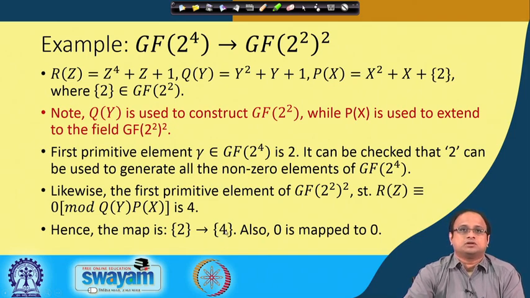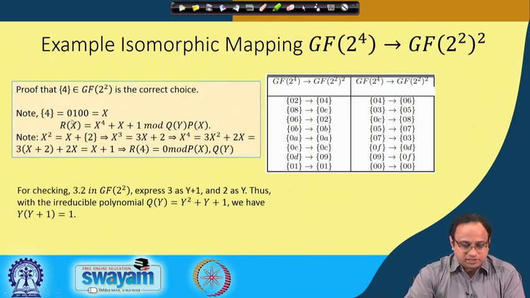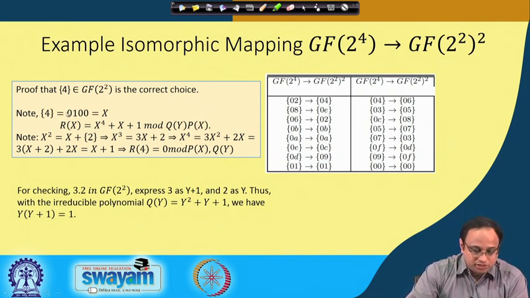Okay. So in more detail, this is the proof that 4 indeed belongs to GF2 square. So GF2 square is actually indeed the correct choice. So note that 4 is 0 1 0 0, and therefore 0 1 is x, and this is 0 0.